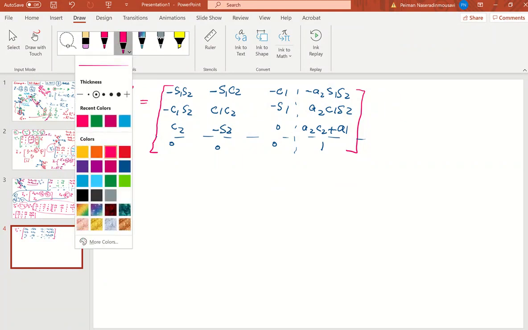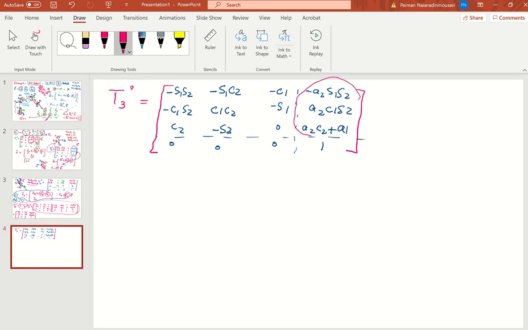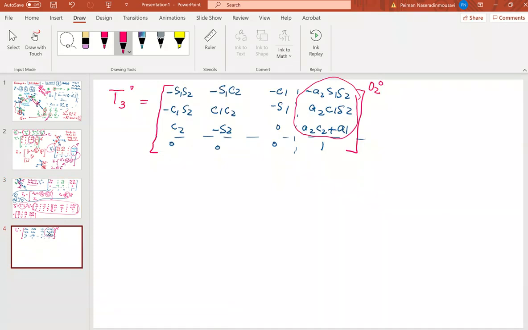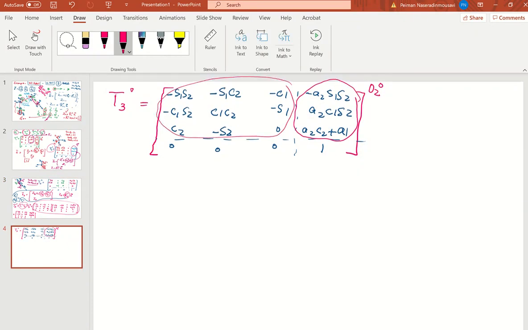Now you can claim that this is your what? This is O2 with respect to 0, that we're going to use in J3. Here we go. And the R2 with respect to 0 is this. So its Z component is going to be this.